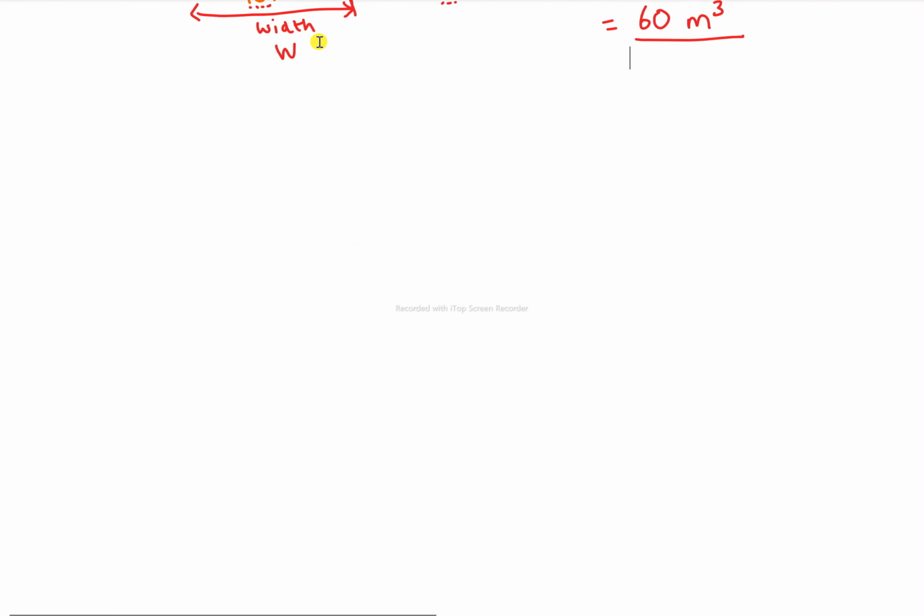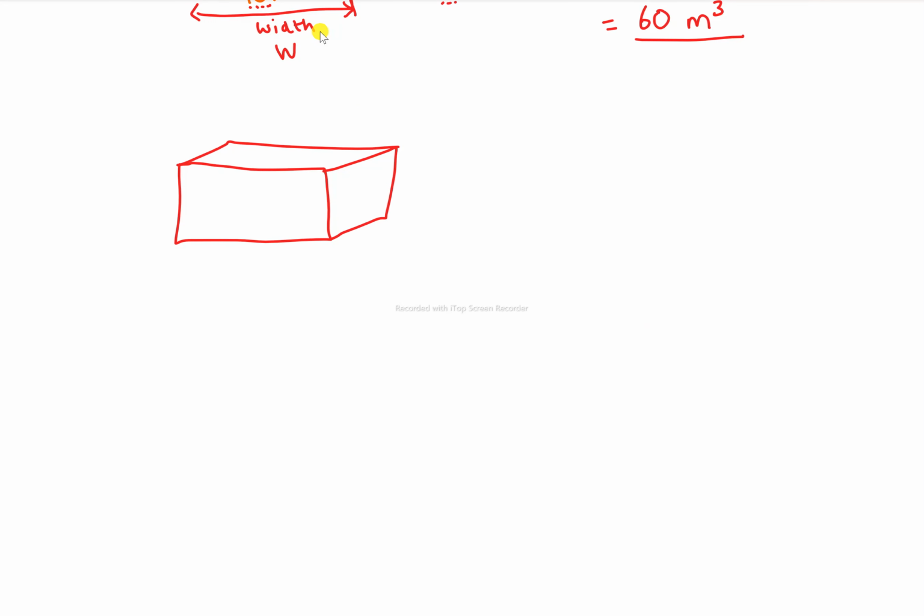Now we need to learn some shortcuts. So if I gave you this, 5 meters, 5 meters, 10 meters. What you do in your head, you do 5 times 5 times 10. So you multiply all three together. 5 times 5 is 25.